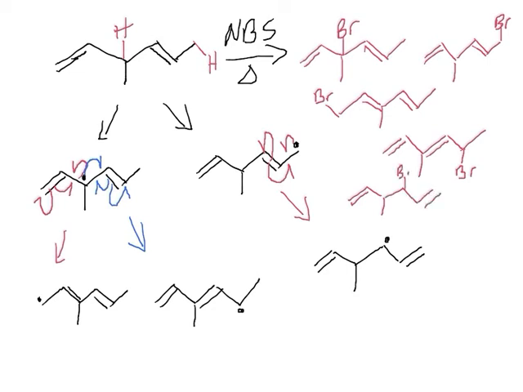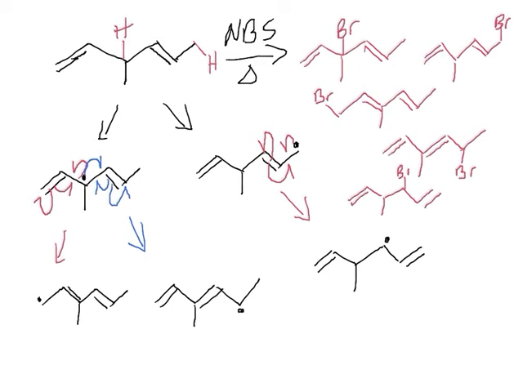So we end up with what, 5? 5 of them. So these radical reactions are just like carbocations. You can do resonance structures. We can start getting lots of different products are possible.